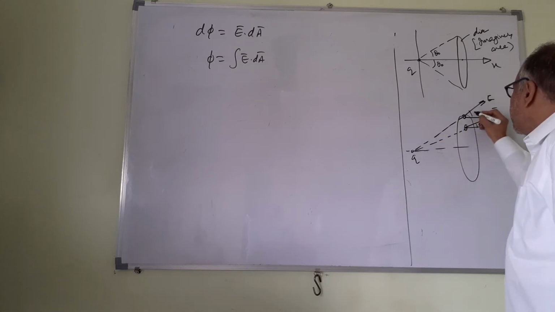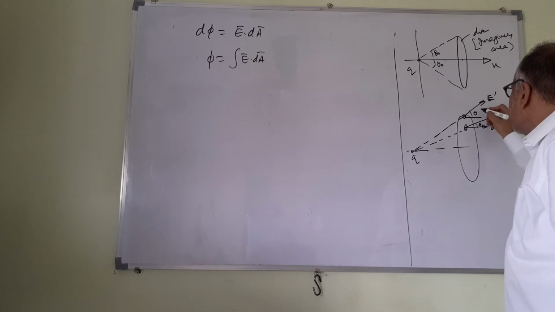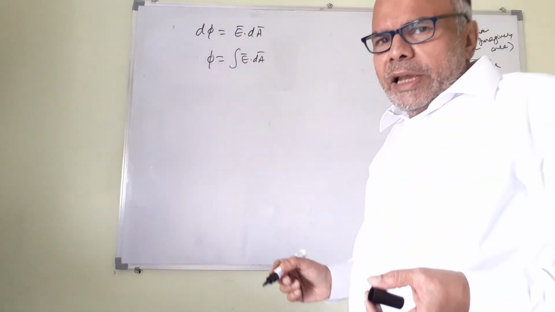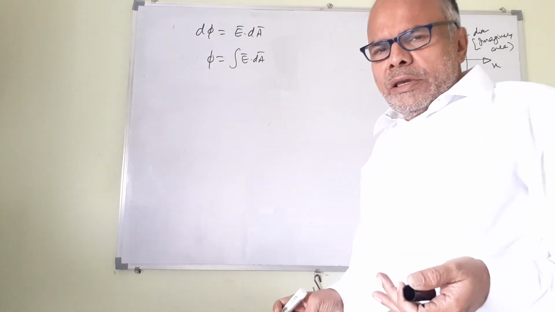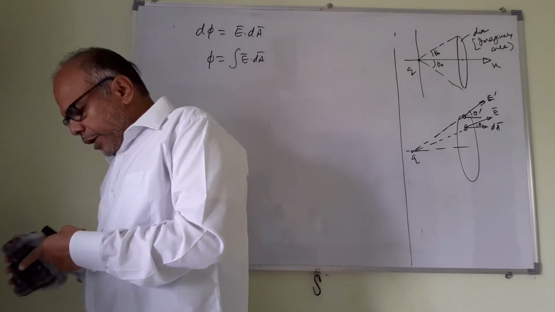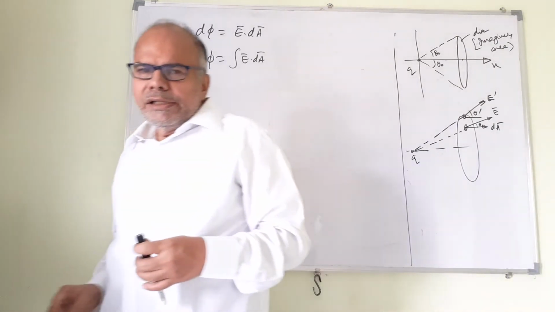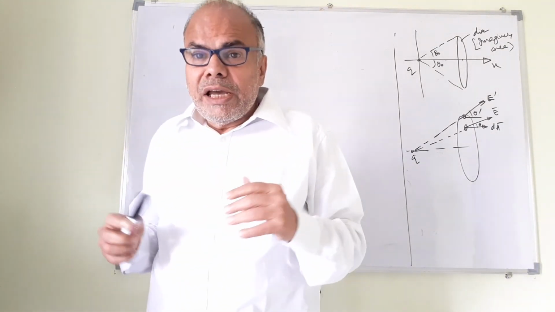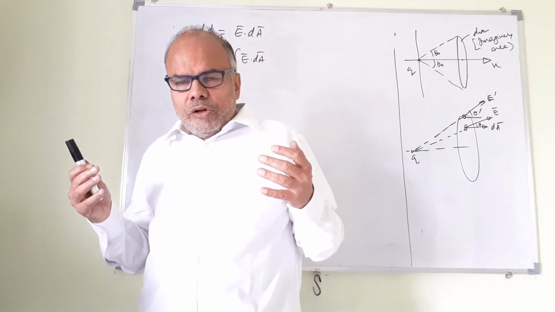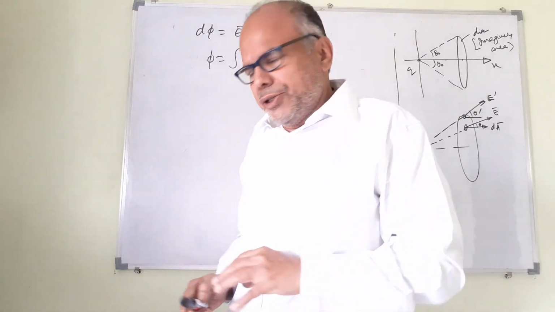The angle would be something else. So the angle is going to change, and the magnitude of E is also going to change from point to point. So I need to watch closely and see how we could reduce the mathematical complications.